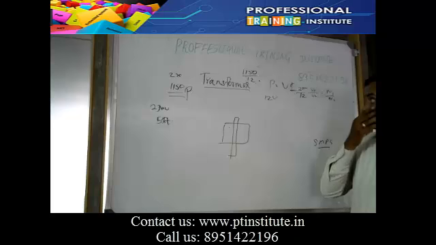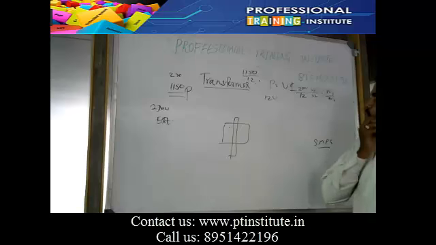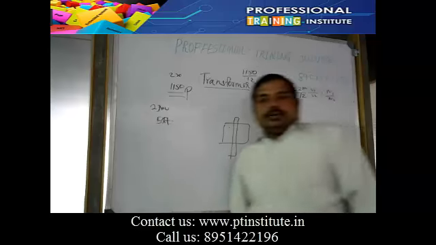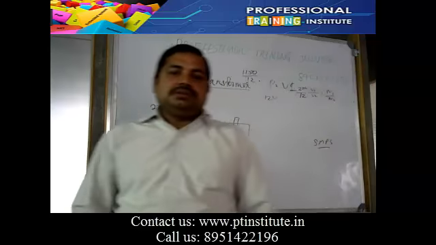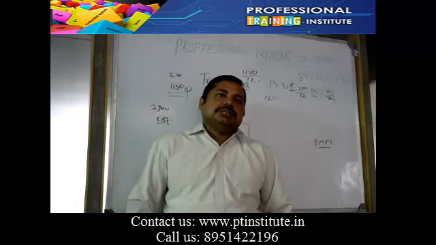Okay, in transformer, any question? Power up, power down, power, current, flux, magnets, primary, secondary, isolation. That's all pretty much for the transformer. The transformer is one of the important devices.